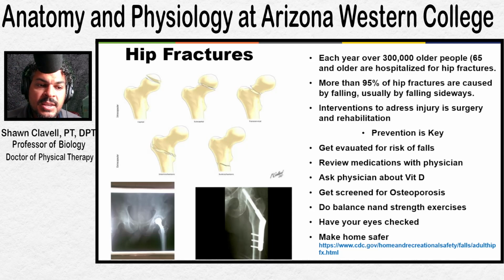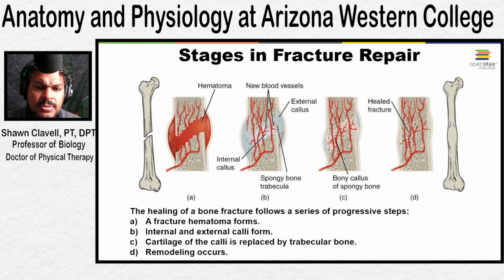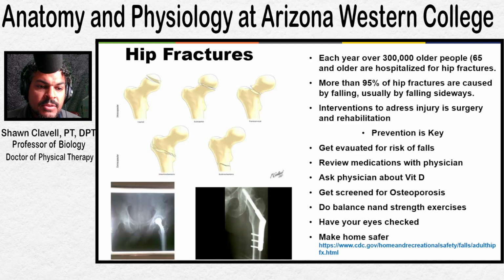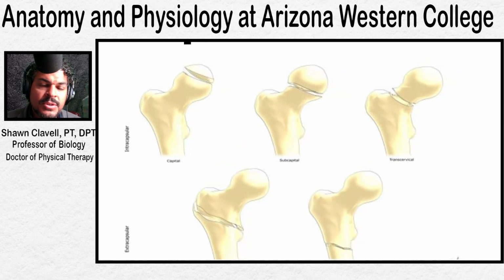You can see a couple of pictures here as it relates to a hip fracture. The first is what's referred to on the top as an intracapsular fracture. These are fractures that occur inside the capsule of the hip joint. So essentially, a hip replacement would occur here.